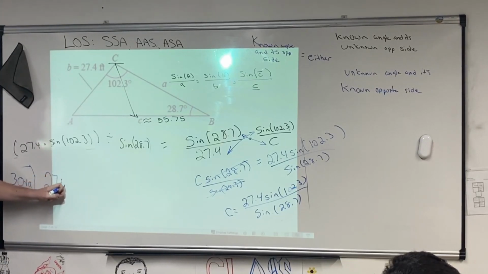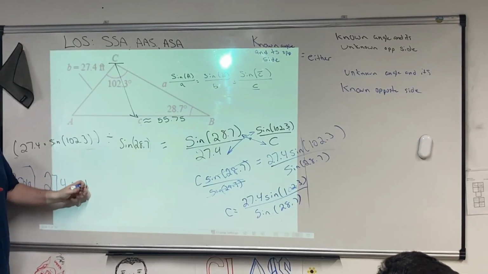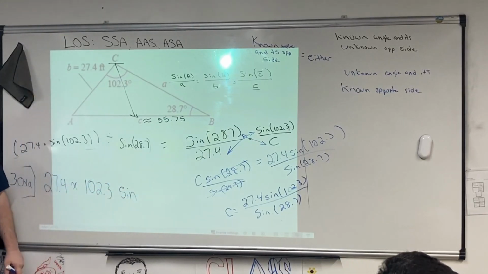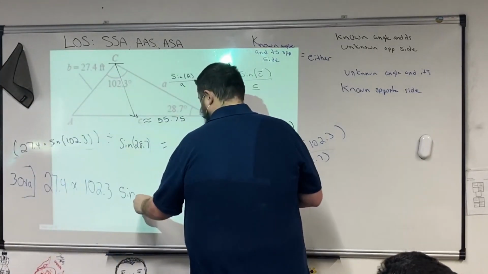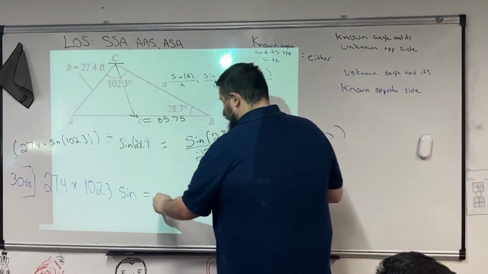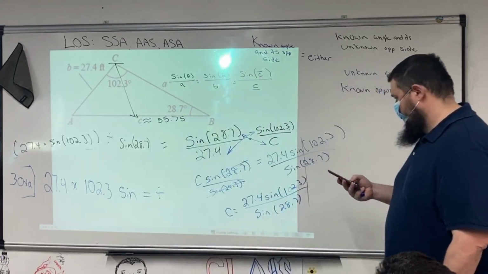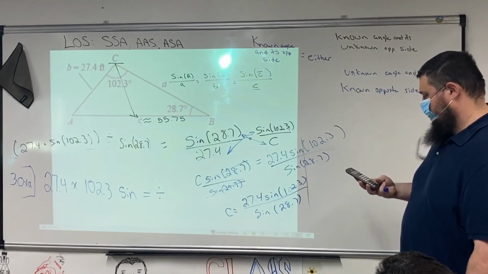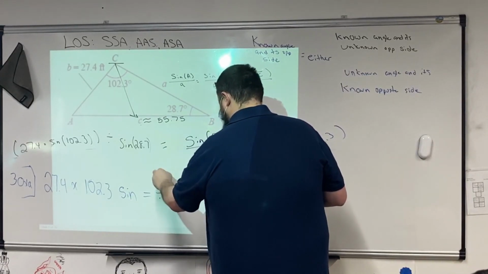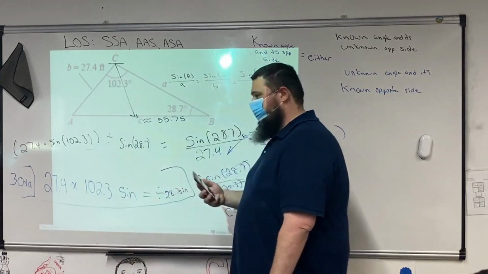And I'm gonna hit times 102.3 sine. And I'm gonna hit equals. And then I'm gonna hit divided by. And you also get 55.7.